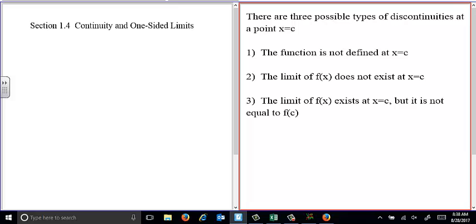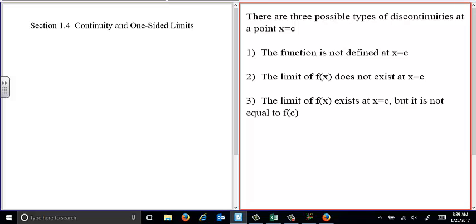Before we talk about continuity, I want to talk about what a discontinuity is. There are three possible types of discontinuities at some point. One is the function is not defined at x equals c. That's the example we have with the indeterminate result.